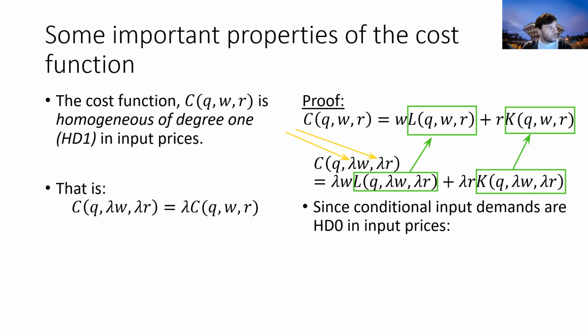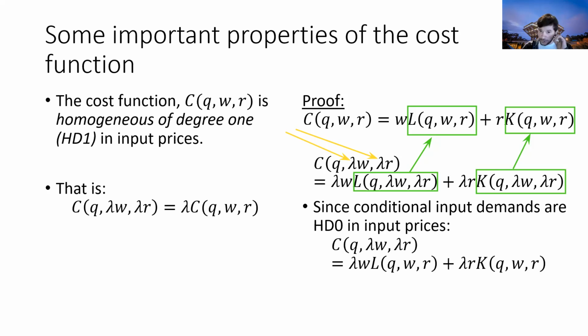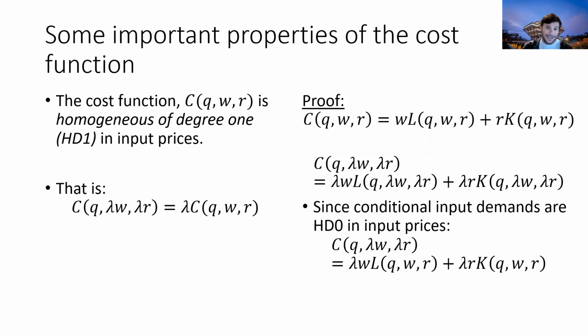So that means we can rewrite the new scaled cost function using the old input demands. And when we do that, what do you notice we can factor out of this entire term in the bottom? What can we pull out of that whole thing now? What can we factor out?